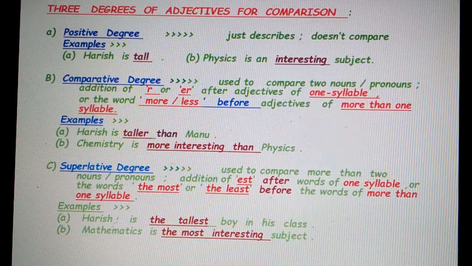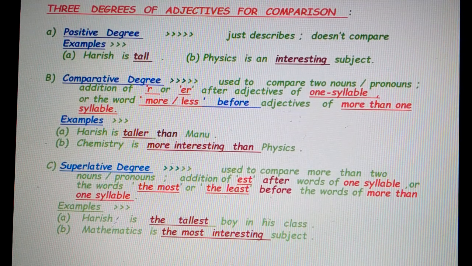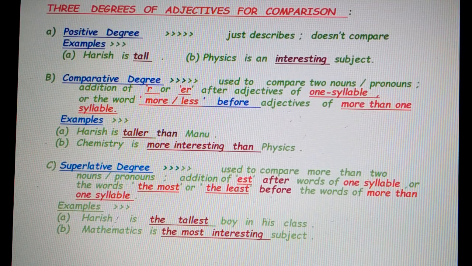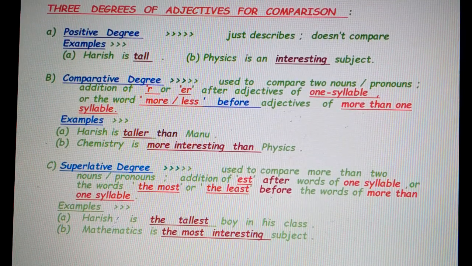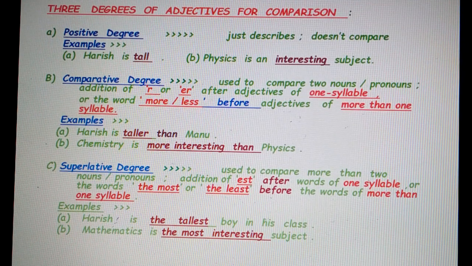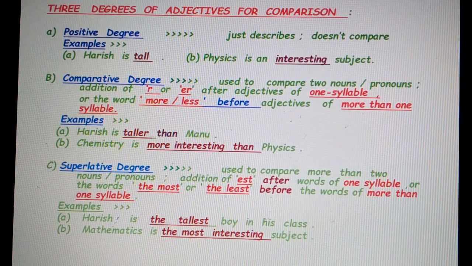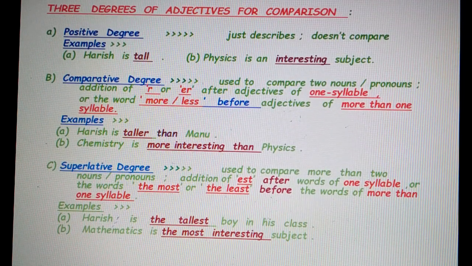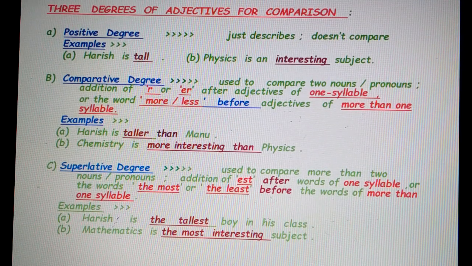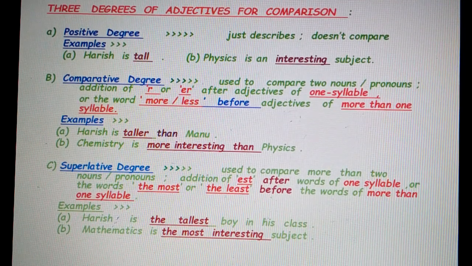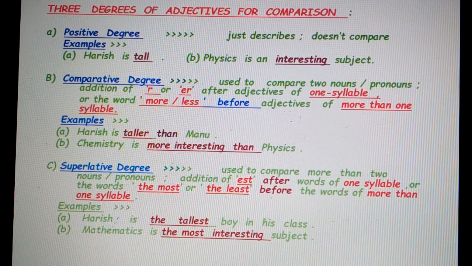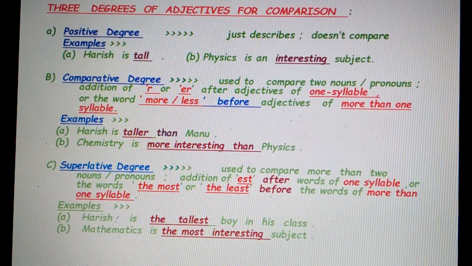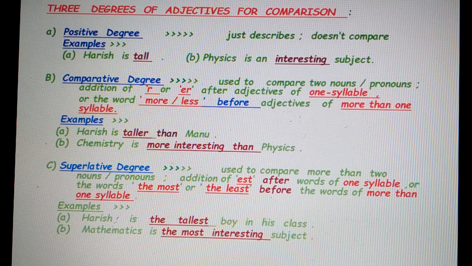So in the first example, Harish is the tallest boy in the class. Harish is being compared with all the other boys in his class, and he was found to be the tallest boy in his class. For the second example, we had the subject mathematics, which was found to be the most interesting subject. A person studied so many subjects, and he found mathematics to be the most interesting subject of all the subjects he studied.